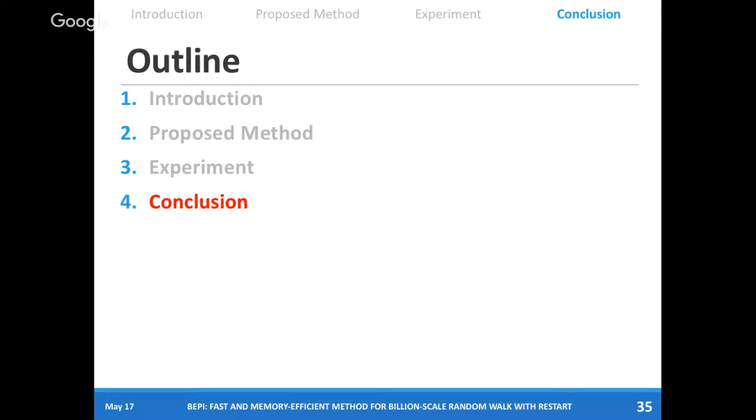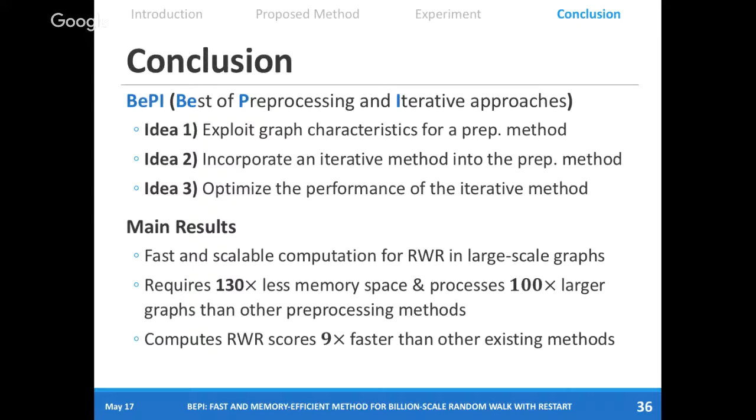Okay, let me conclude this presentation. We propose BEPI, which is a fast preprocessing and iterative approach. Our main ideas are summarized as follows, and the main results are as follows.